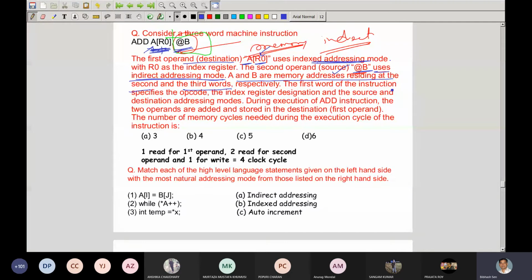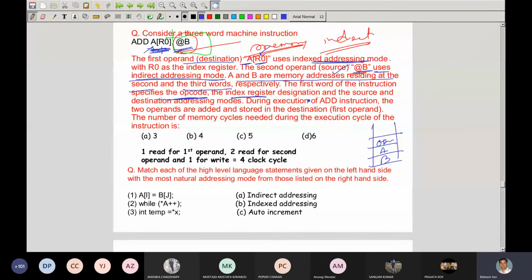The first word of the instruction specifies the opcode. Okay, so if we say it this way, this is the opcode, this is the register, this is the register. Now how you are using it is a very important part for all of you, so try to understand it clearly.